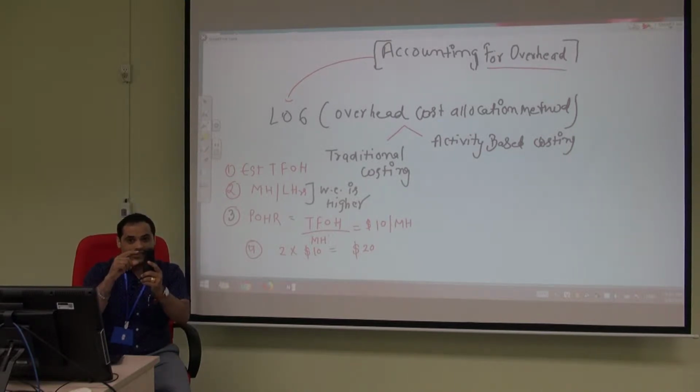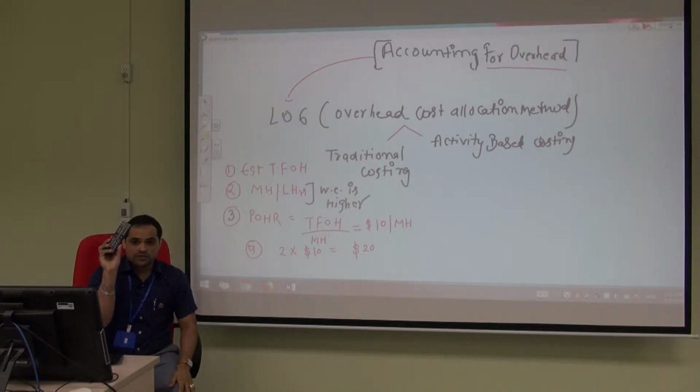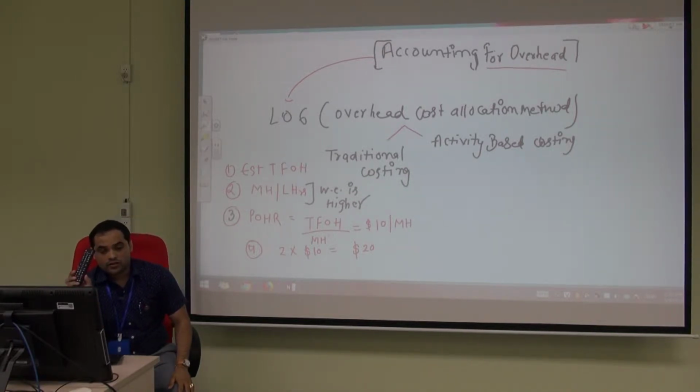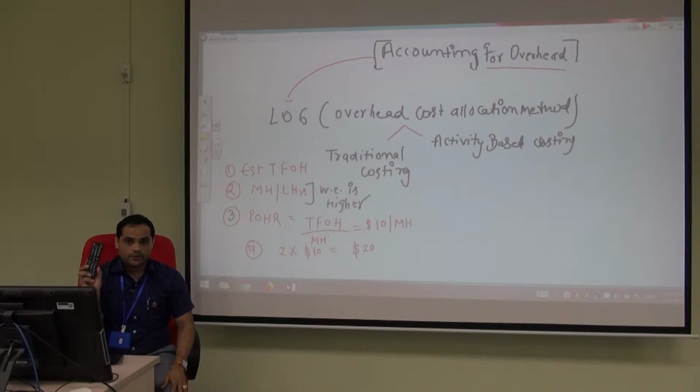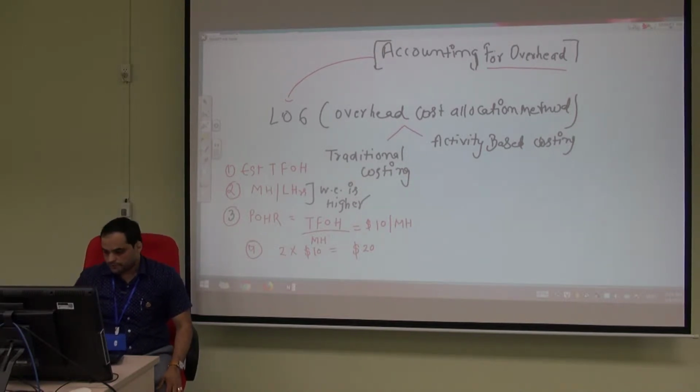So we have direct material, direct labor, and factory overheads in order to estimate the total cost of this product in order to make the decision. Decision making purpose, as you know.